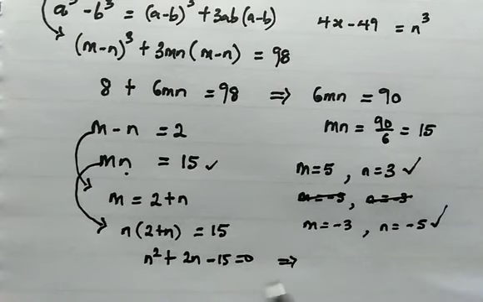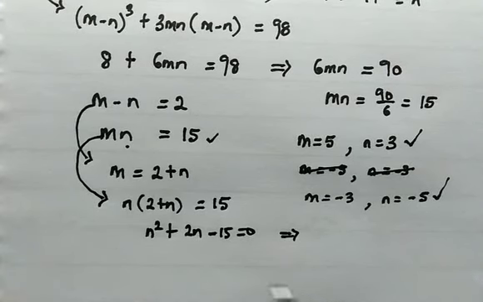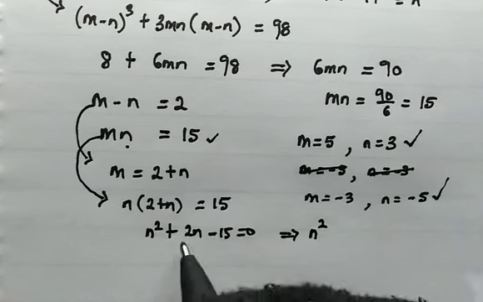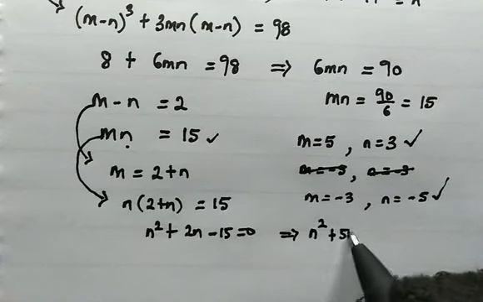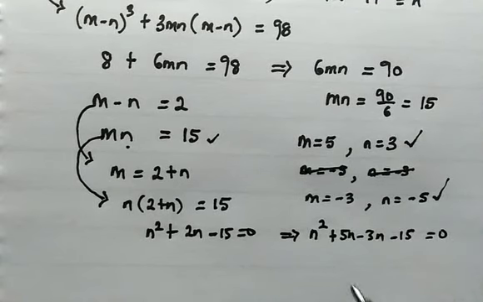Now you're very familiar with this kind of equation, right? It is called a quadratic equation, but we can factorize it, right? So let us rewrite the second term here as 5n minus 3n, right? Then minus 15, and that is equal to 0.